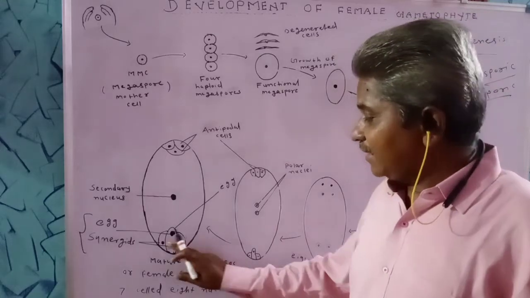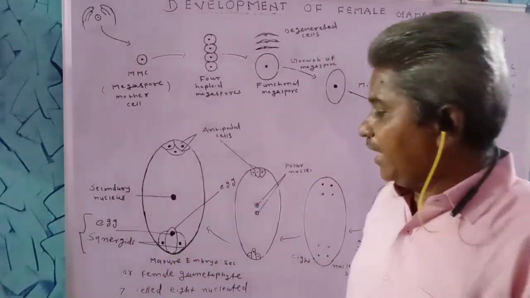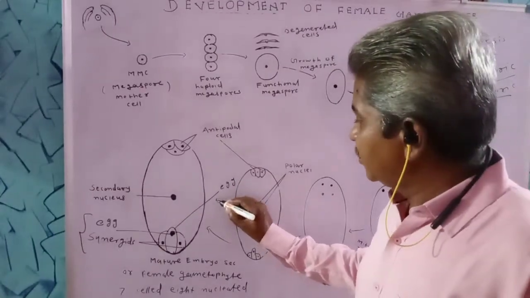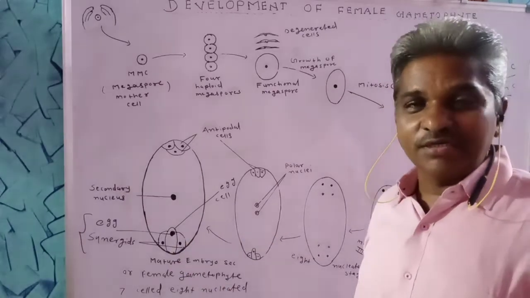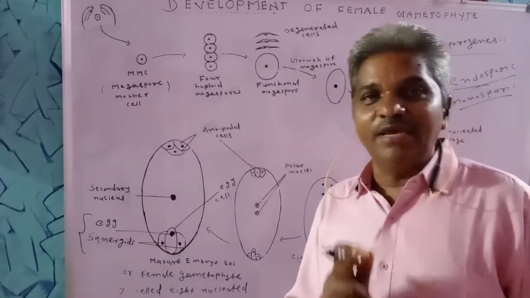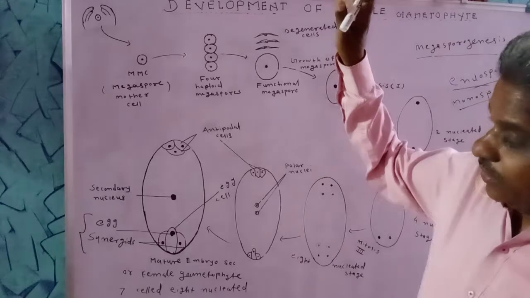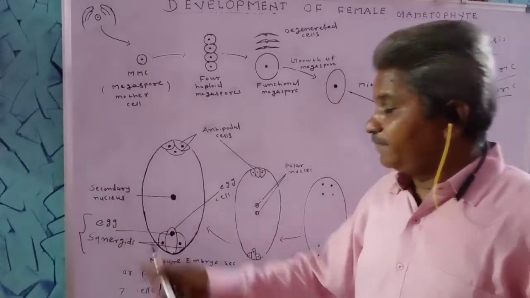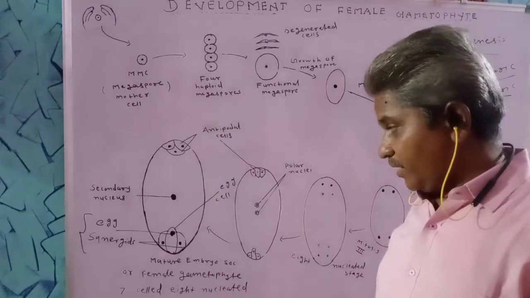The 2 lateral cells are called synergids. The egg is the female gamete utilized in sexual reproduction, formed in the female gametophyte.